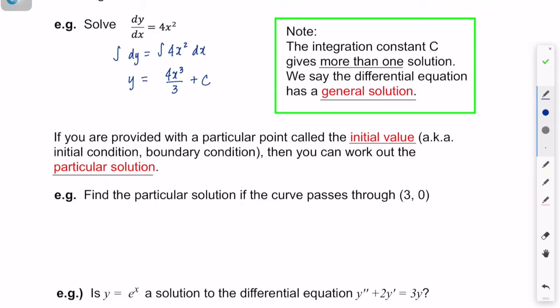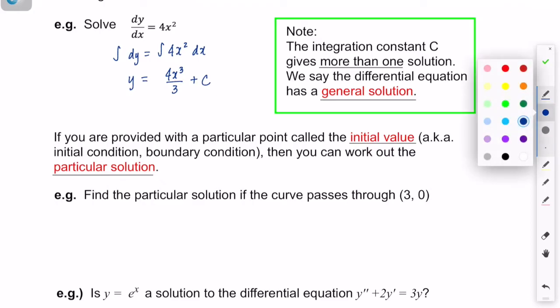There's a bunch of functions that look like y equals 4x cubed over 3 plus a number, or maybe plus 0 or minus a number. So when you take the derivative of this particular family of functions, you'll always end up with 4x squared. So we say that we have arrived at a general solution.